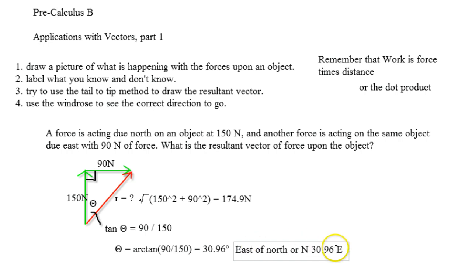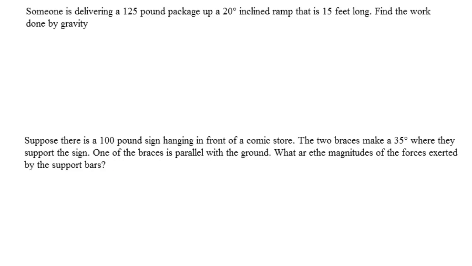It's weird, I know, but that's just some ways that some cartographers actually write with directions. So you actually reverse the two, the east of north and the north of east. It's just weird how it works. I don't know why it does it that way. I should probably look it up, but right now I'm just trying to teach applications of vectors. Okay. All right, let's go to the next slide.